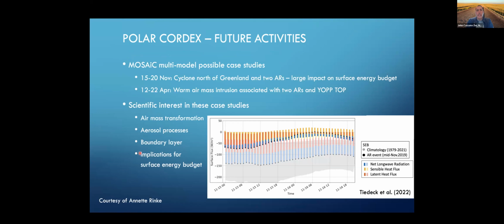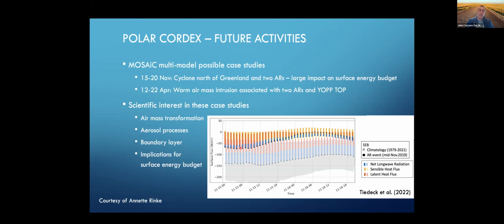Several of the case studies being considered include a cyclone event in the middle of November 2020, where a cyclone passed north of Greenland, but there were 2 atmospheric rivers present, and that had a large impact on the surface energy budget. The figure here shows differences in energy budget during the AR event, the darker colors, and then the climatological surface energy budget terms for that same time period, from 1979 to 2021 from reanalysis data. And you can see the big impact this had on the surface energy budget.